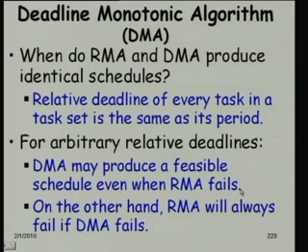No, deadlines are less than period, but still rate monotonic might produce a feasible schedule, isn't it? Yes, but we want a case where the deadlines will not be met using rate monotonic, but it will be possible to meet them using deadline monotonic. But the rate monotonic will always fail if the deadline monotonic fails.